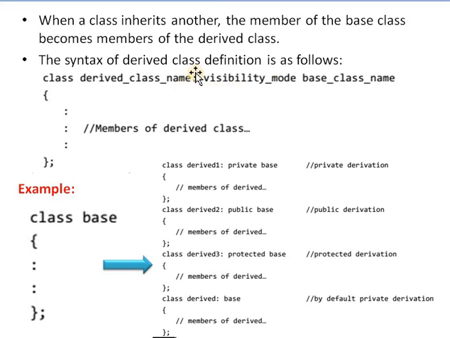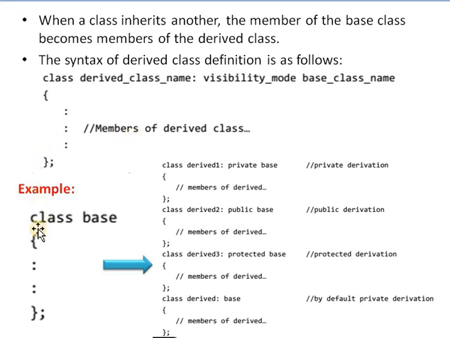Here visibility mode means access specifier, that is either private, protected or public. We know that there are three types of access specifiers defined in C++: public, private and protected. Here we choose any one of the access specifiers, and within the body of the class there are the members of the derived class.